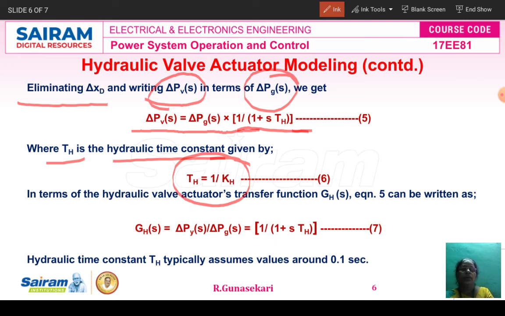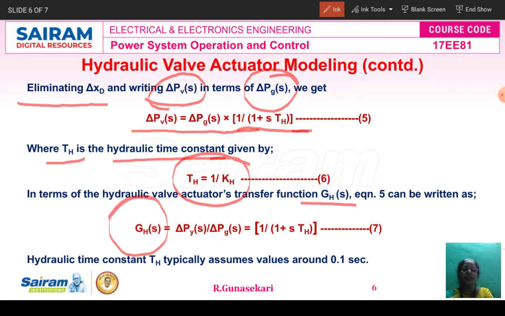Now equation 5 can be rewritten considering the hydraulic valve actuator transfer function Gh of s. G is for transfer function, h for hydraulic valve actuator. So Gh of s represents the transfer function of the hydraulic valve actuator.